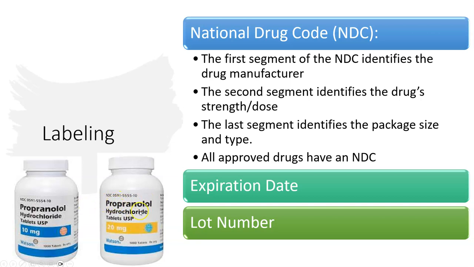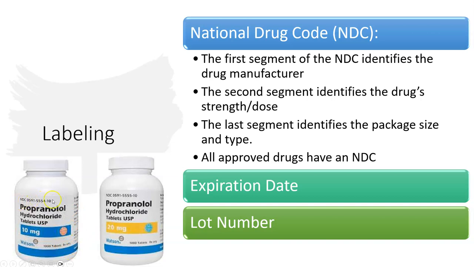You don't need the ending part. We do see that it's listing that these are tablets, and these meet USP, United States Pharmacopeia standards. It shows the different strengths, the manufacturer, which is Watson, and how many are in the bottle. We also see that Rx only symbol or legend at the bottom.